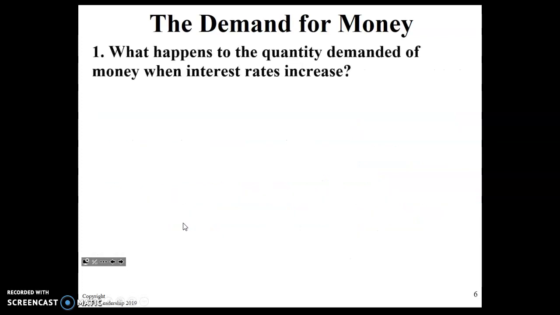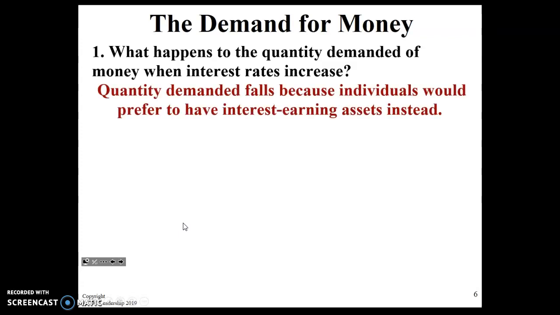So for the demand for money, we're going to be thinking a little bit in terms of saving and borrowing, but let's focus on saving here. What happens to the quantity demanded of money when interest rates increase? Well, the quantity demanded will fall, because individuals would prefer to have high interest-bearing earning assets instead.